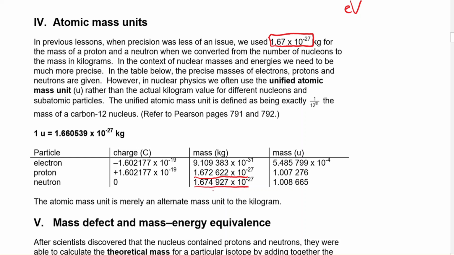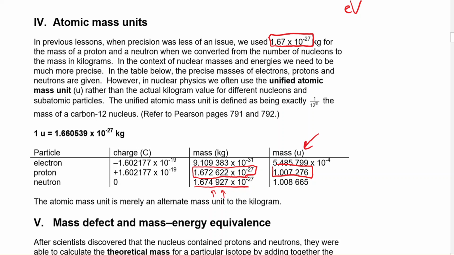Turns out they are slightly different if you go to more decimal places. So instead of writing these things down, we're going to replace that with this, 1.007276, instead of the times 10 to the negative 27 part. And this is going to be called an atomic mass unit.